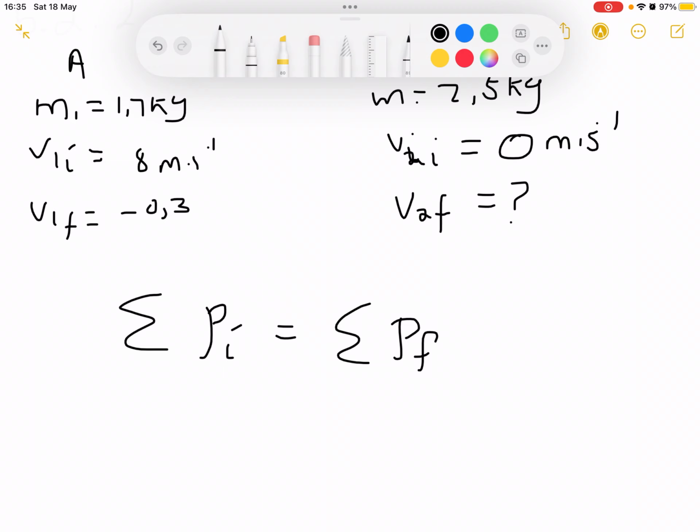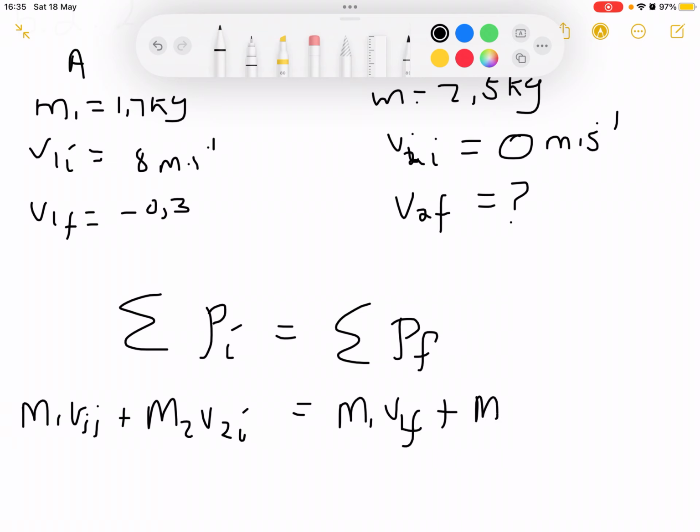Now, momentum is mass times velocity, so it's mass 1, velocity 1 initial plus mass 2, velocity 2 initial, which is equal to mass 1, velocity 1 final plus mass 2, velocity 2 final.